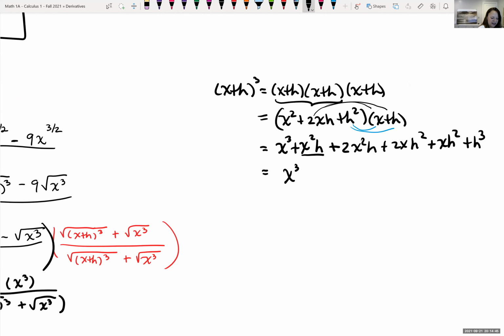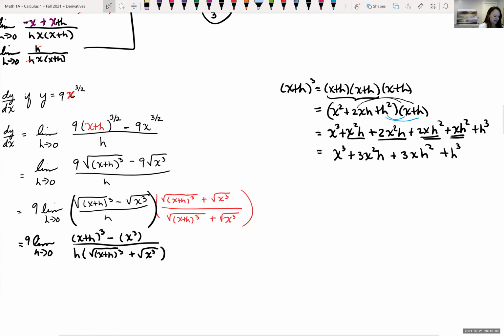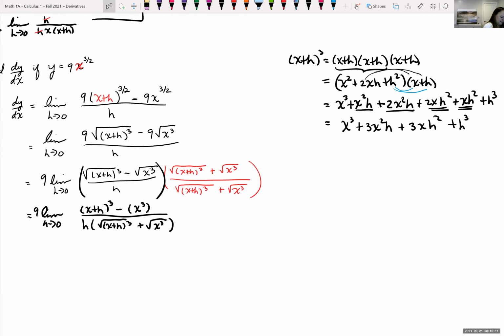We have an x squared h plus a 2x squared h, that's a plus 3x squared h. I have a 2xh squared plus an xh squared, that is a 3xh squared, plus h cubed. So I'm going to replace that in here.